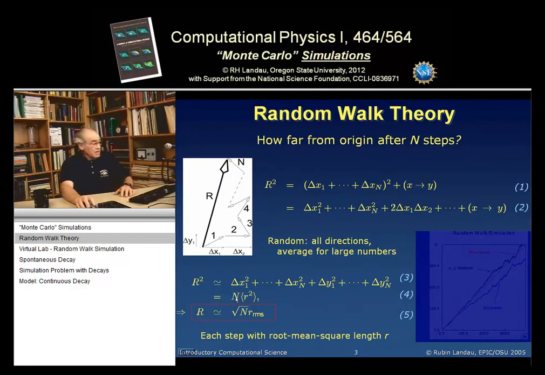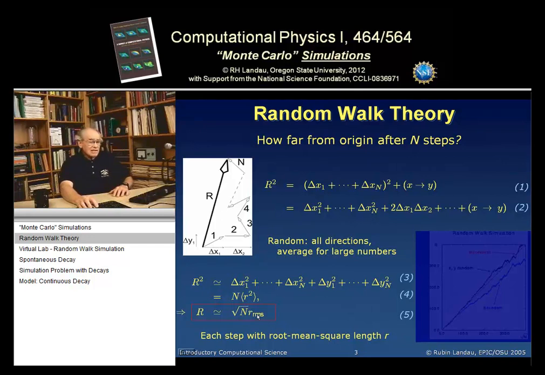Okay? So that's the average of the mean squared. That's r squared. If we now take the square root, we get the root mean squared difference. In other words, this root, because it's the square root, mean squared because we've taken the mean of the square. So the root mean squared distance, we predict theoretically, is going to increase like the square root of capital N, times the size of each step.